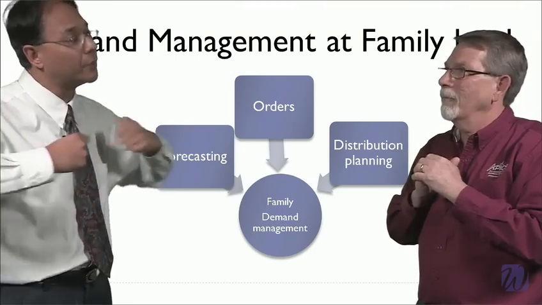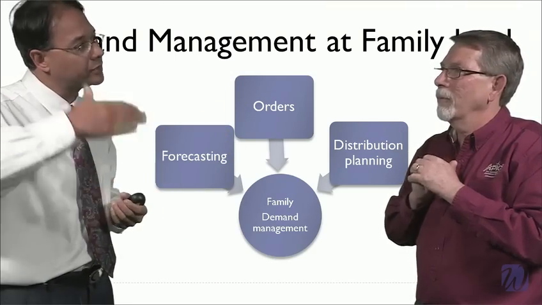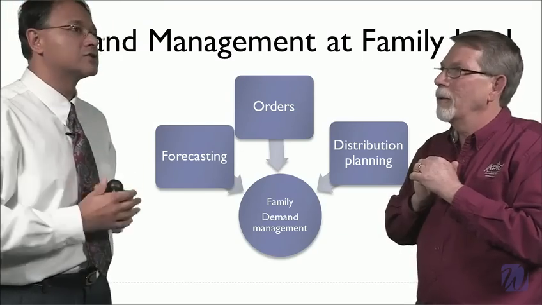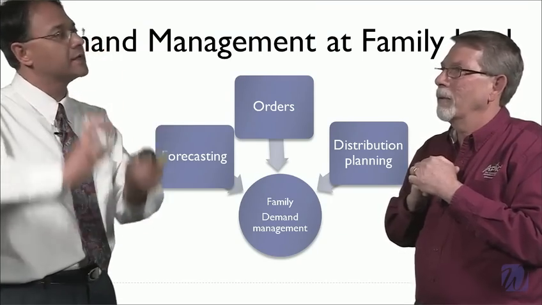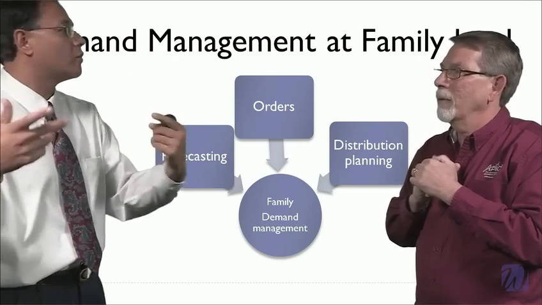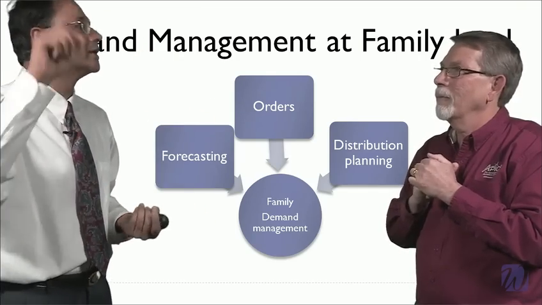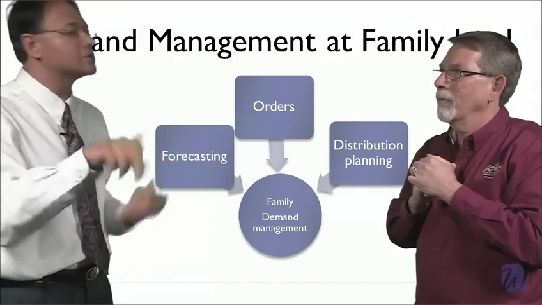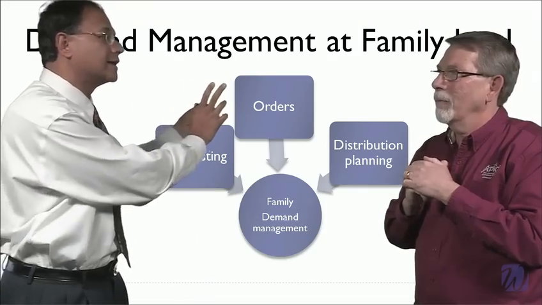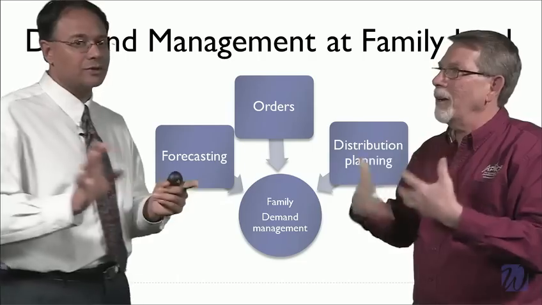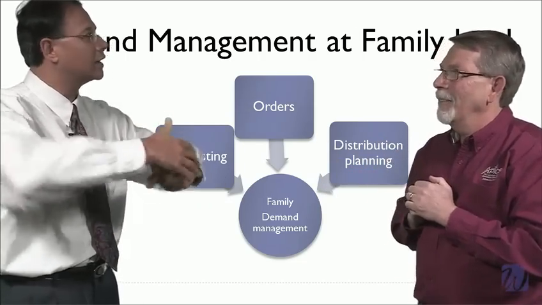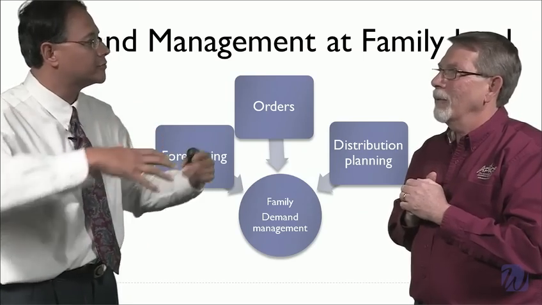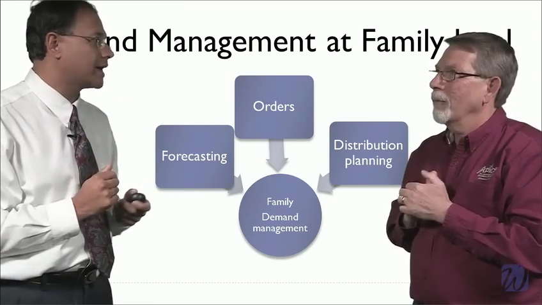You're just going to push the system. But it has to go through different layers of the distribution. So you have to make sure it's in the different warehouses, and from the warehouses it is sent out to the different retailers, because Walmart and Target will say, I want this much quantity. And you don't have the lead times to go and actually get the lead for the pencil and the wood. Make to stock means the stock is there. So that's part of that whole complex of this family level demand management.